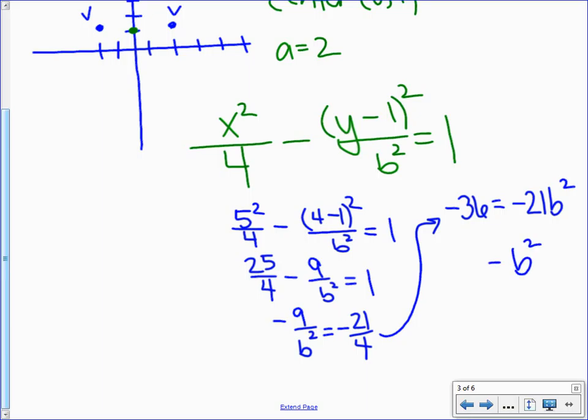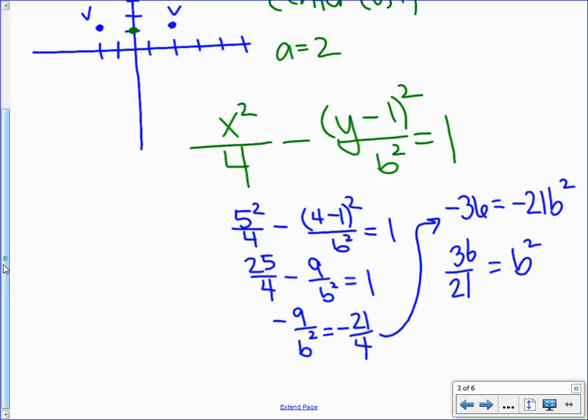So b squared equals 36 over 21. It's kind of a gross number, right? Is it bad? Because it's a fraction, are we wrong? Well, you can square both sides to solve for b, but in our equation, we want to write b squared, so you might as well just stop here.